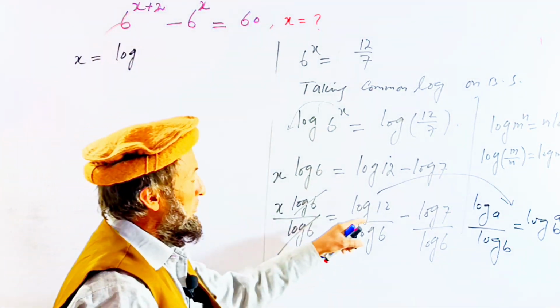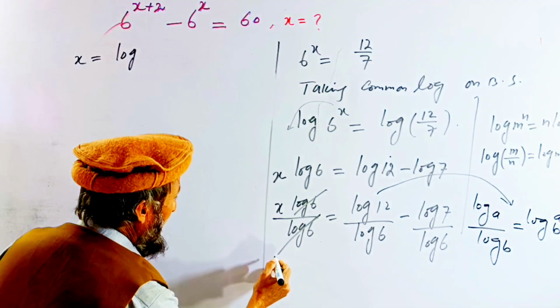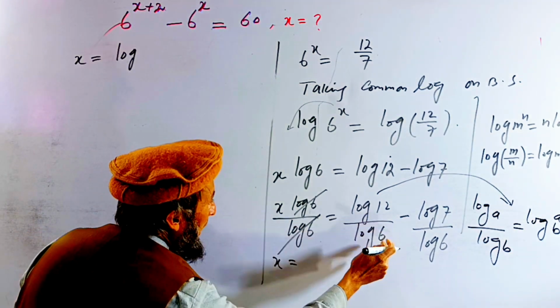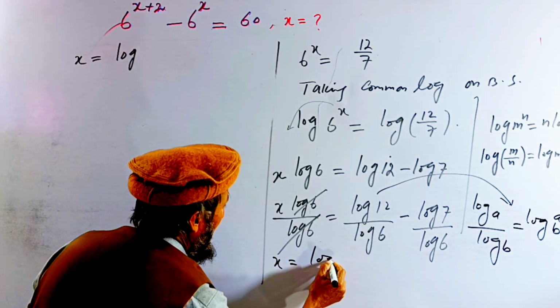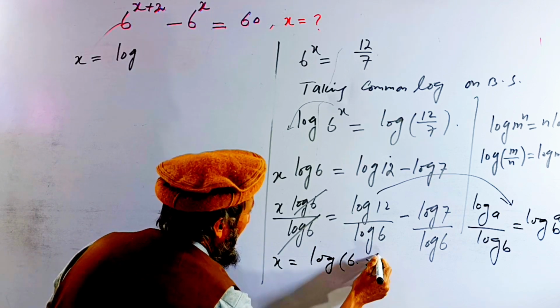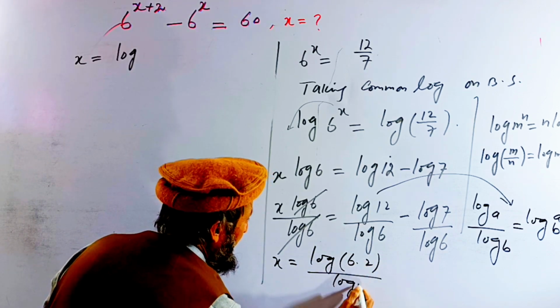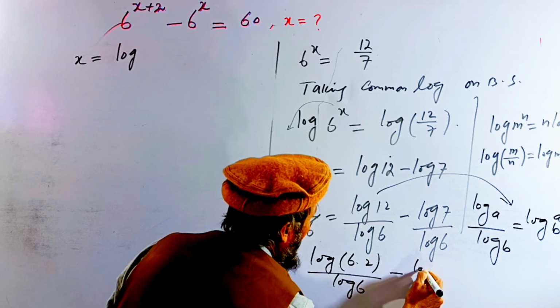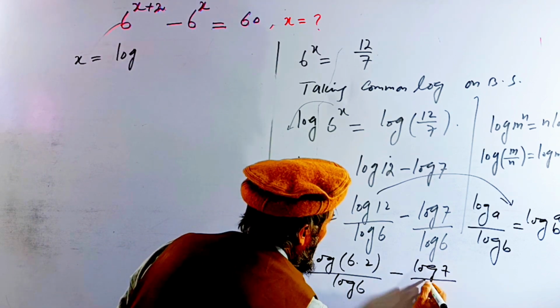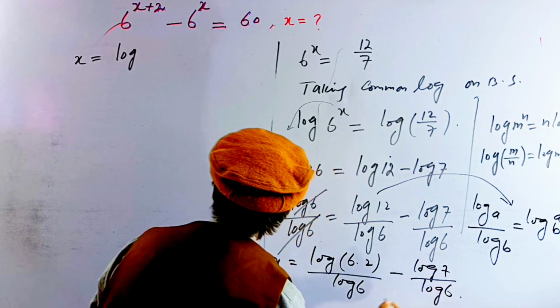Here we can also use another rule. Expanding, x is equal to log base 6 of 6 times 2, that is 12, minus log base 6 of 7.